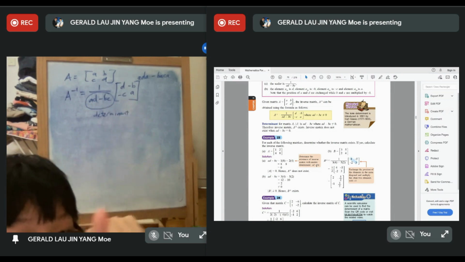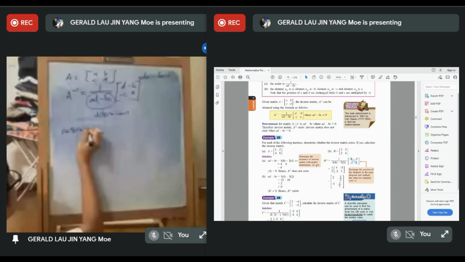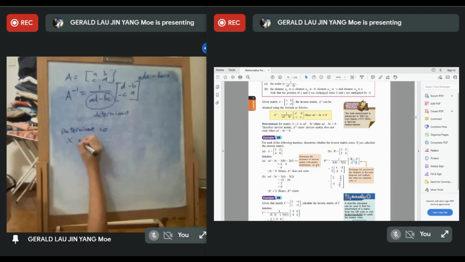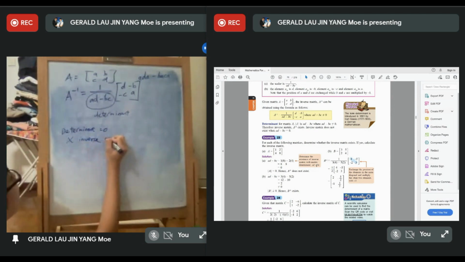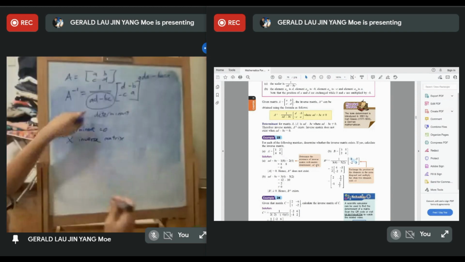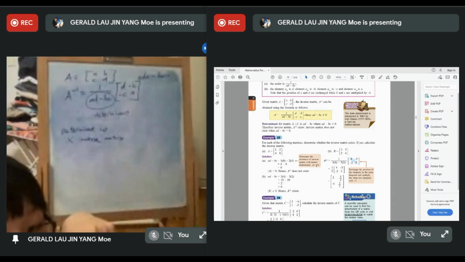What you get the answer? 0. If your determinant is 0, then dia tak ada inverse matrix. Understand? So ada baca, if you get 0, dia tak ada inverse matrix, and that is how you get your answer lah.